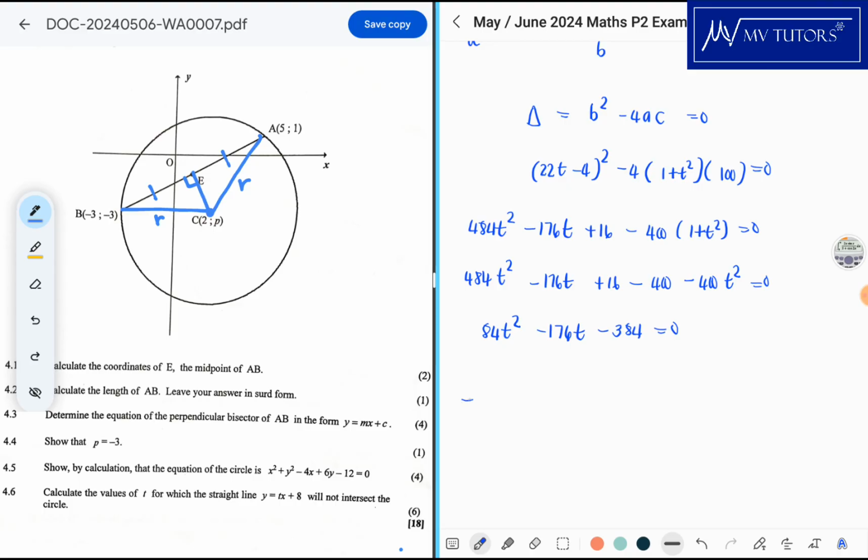So t basically is equal to minus b, so minus minus 176, plus or minus the square root of b squared minus 4ac, all over 2a.